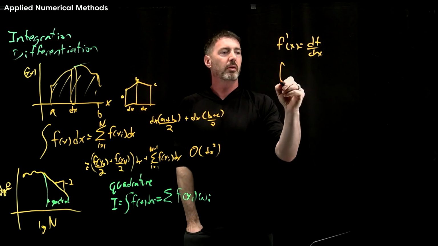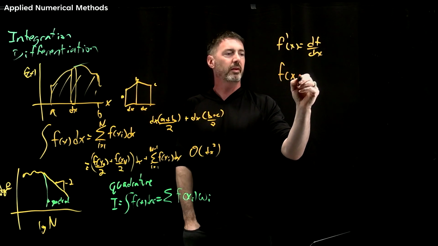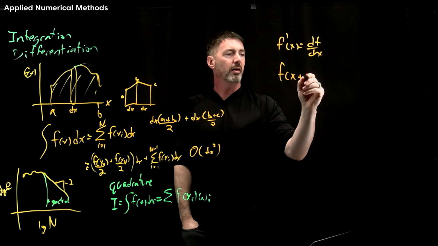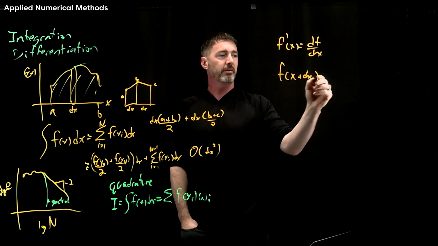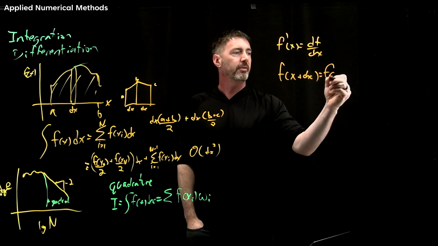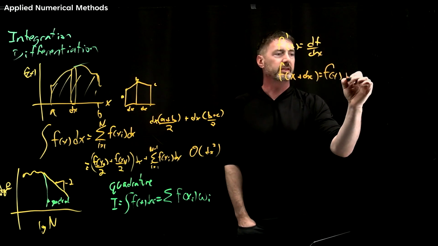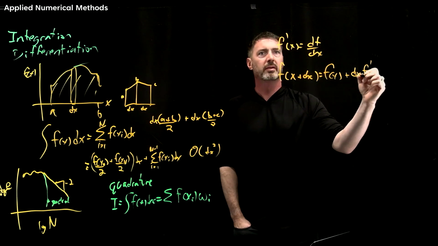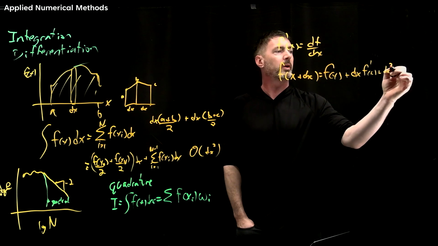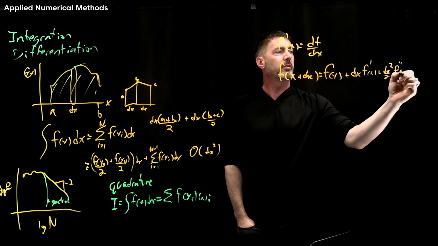And so what we do is we estimate the function at x plus dx, a little bit away. That's f of x. This is the Taylor series. Then it's dx times f prime of x, and then dx squared over 2 f double prime of x.